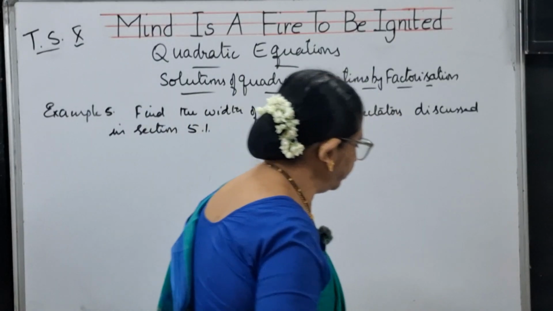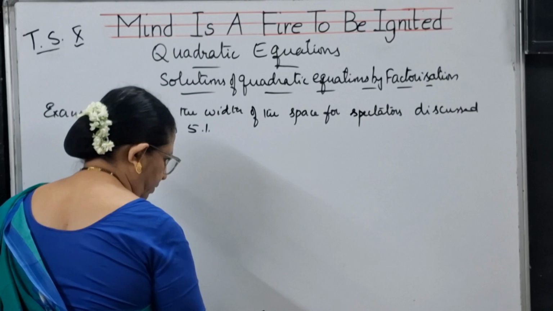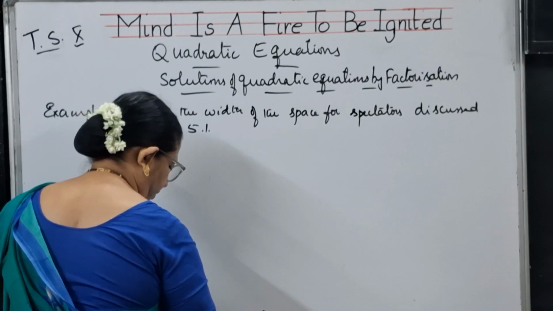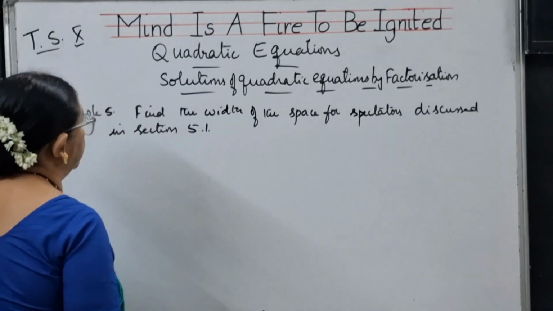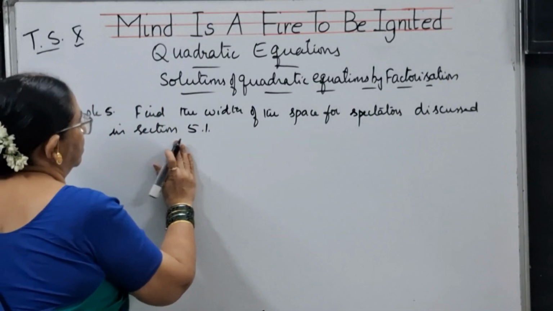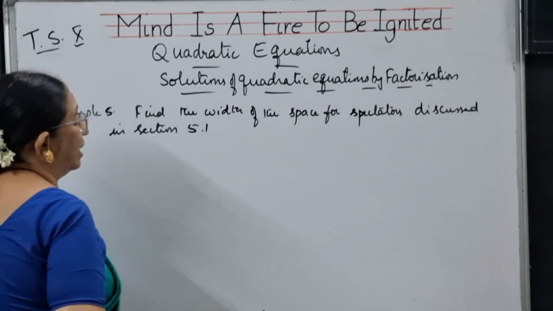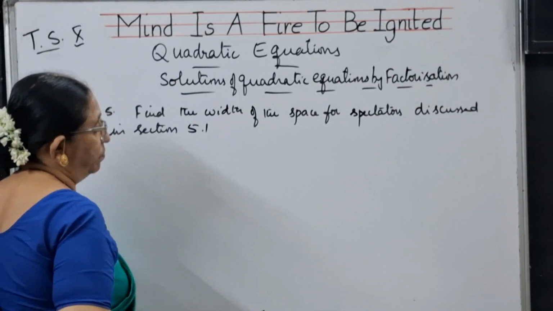Now, fifth example, children. The fifth example is: find the width of the space for spectators discussed in section 5.1. In 5.1, we have already done the sum.